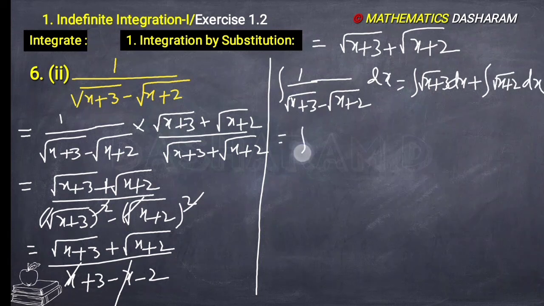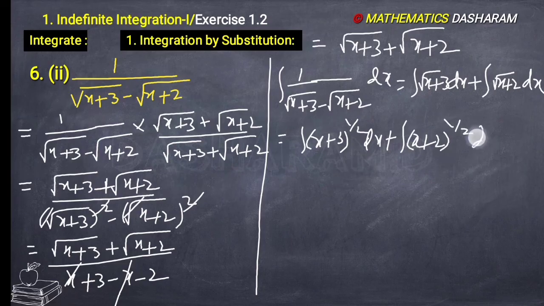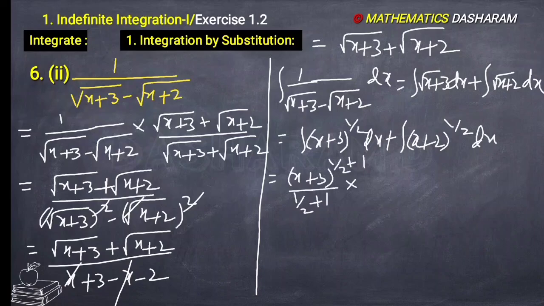So it is equal to (x plus 3) whole power 1 by 2 plus (x plus 2) whole power 1 by 2 dx. So it is equal to (x plus 3) whole power 1 by 2 plus 1 divided by 1 by 2 plus 1 and divided by the derivative of x plus 3, that is 1 plus 0, and the second one is also the same.